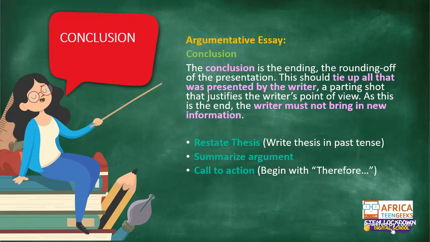As this is the end, the writer should not bring in new information. The conclusion consists of a restate thesis, which means you write your ideas in the past tense, you summarize the argument, and you call to action. Let's take a look at how.